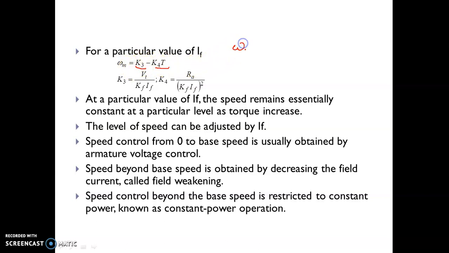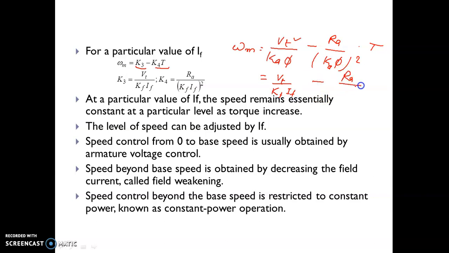Because the relation was omega M equals Vt divided by Ka phi minus Ra by K phi square into T. This terminal voltage is constant, and you can also write this equation in terms of Kf IF minus Ra divided by Kf IF whole square multiplied by torque.